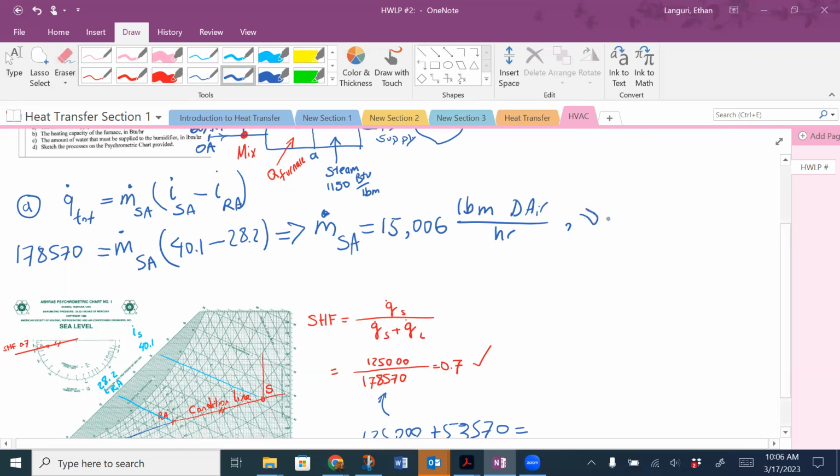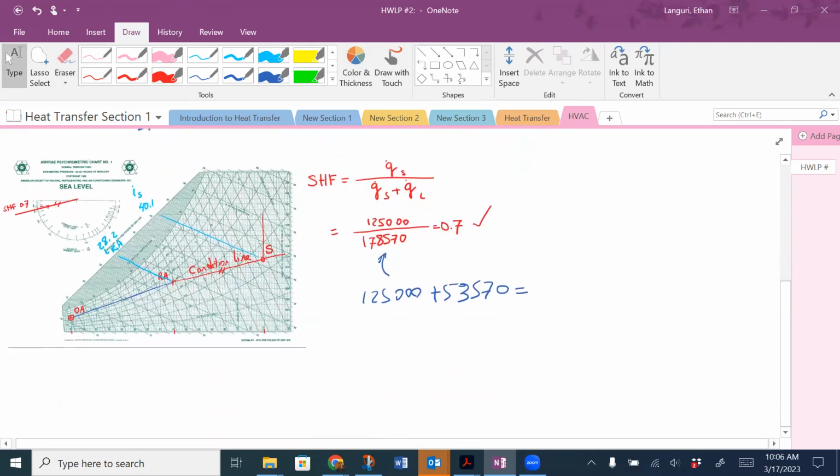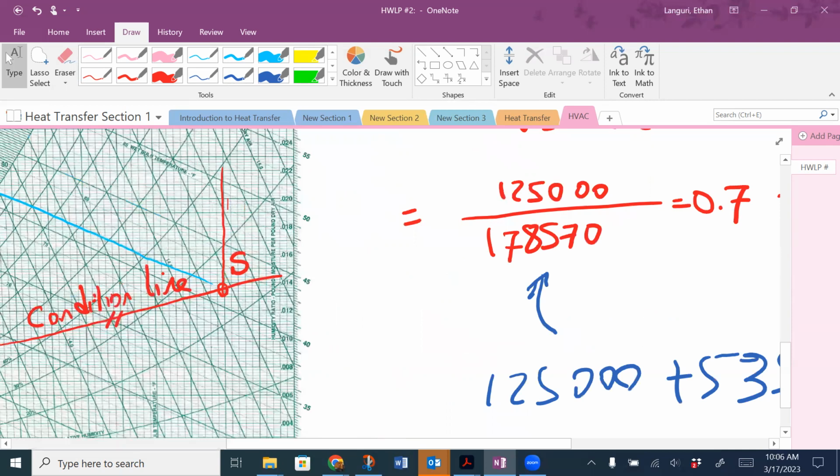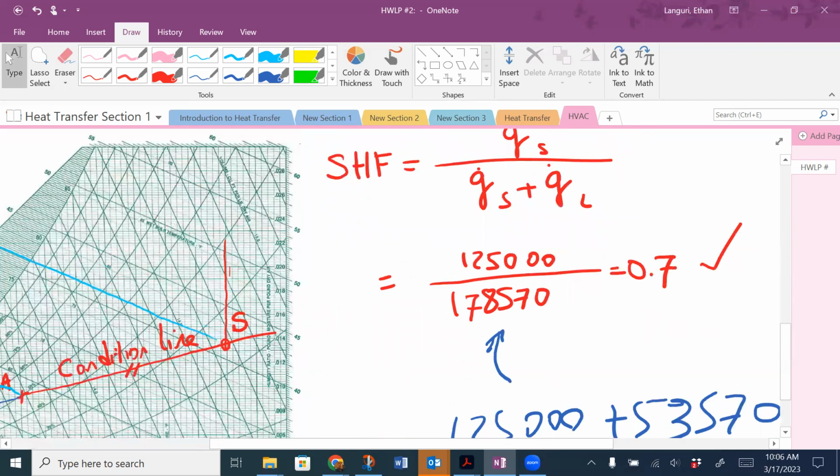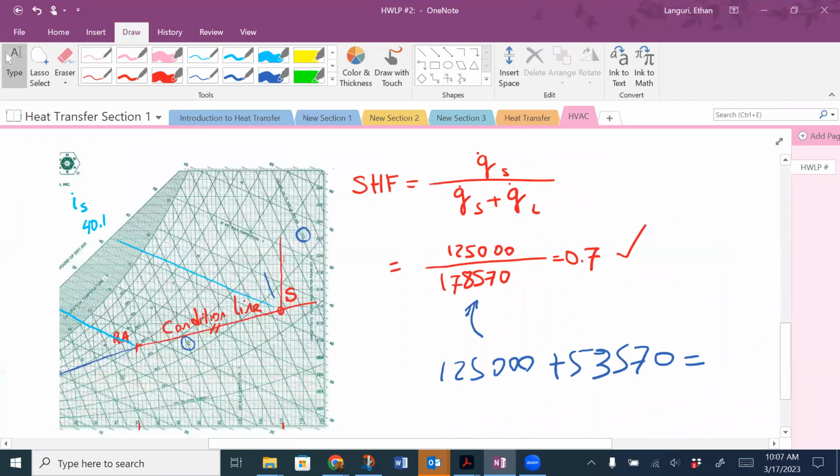And by the way, for supply air, we'll see on the side chart that we can find its specific volume. Let's zoom in. These are my constant specific volume lines. So this is like 15.0, this is 14.0, so this is 14.5. Here I have somewhere close to 14.64.